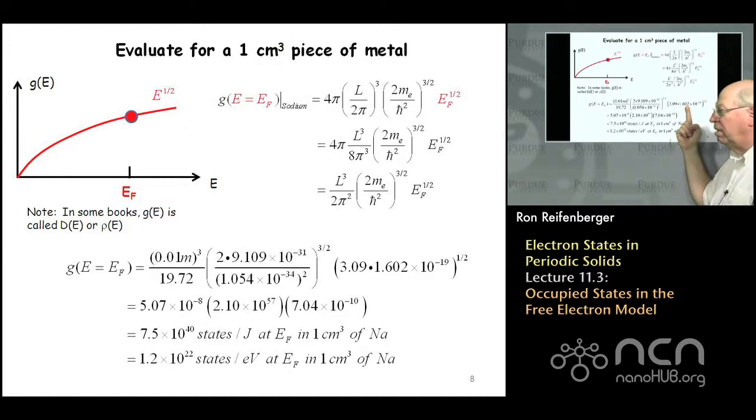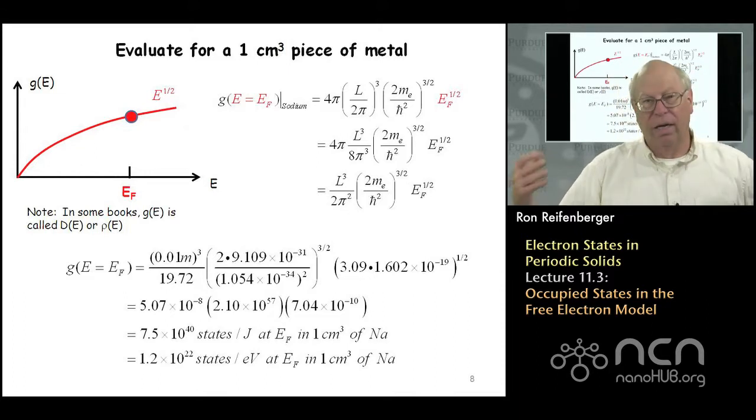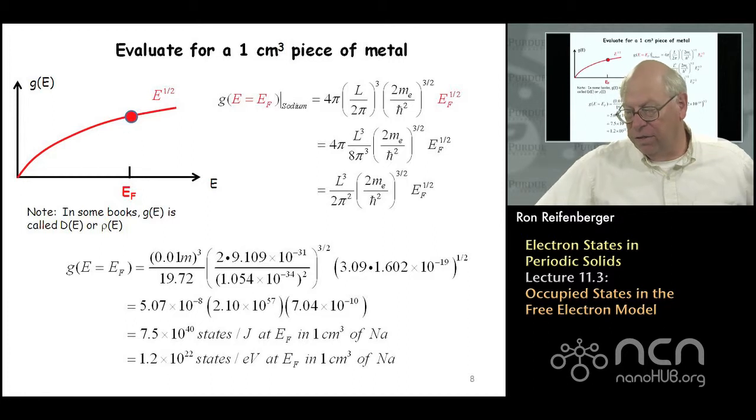Fermi energy has to be given in joules, so I have to convert my 3.09 electron volts into joules. And when I work through that, I find that I've got about 7.5 times 10 to the 40 states per joule of energy at the Fermi energy in a 1 cubic centimeter piece of sodium. So there's a huge number of electron states per joule.